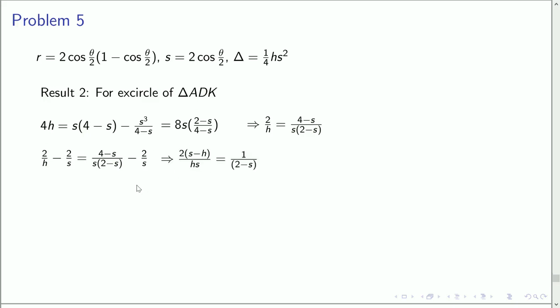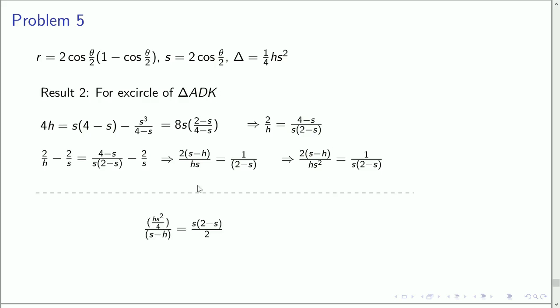That will give this, and here you multiply with r square, and now you have that h, you invert it to h square by 4, and s minus h, you'll have a factor of 2 here, so that's this, and this is the delta, this is that s minus h, this is the X radius, so this is r, and what is this equal to?